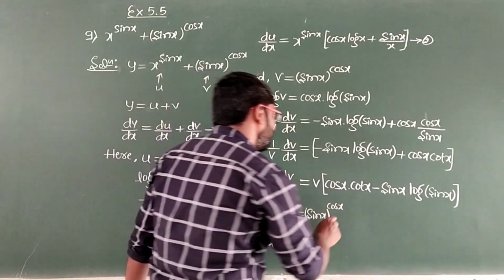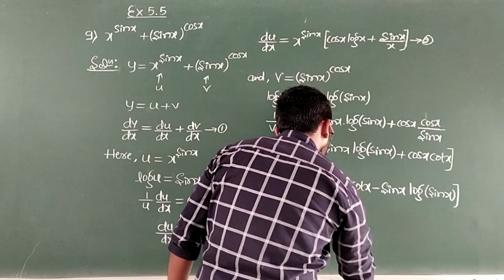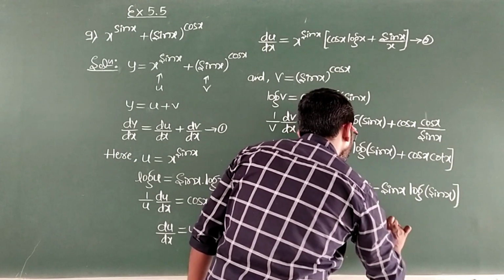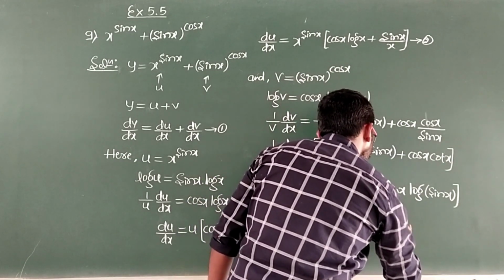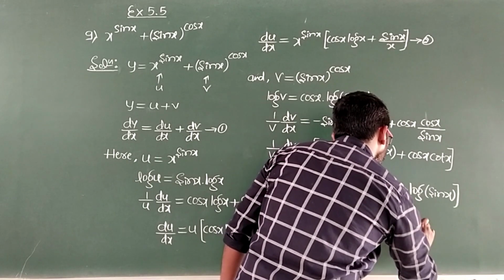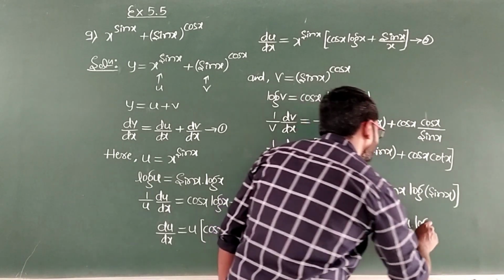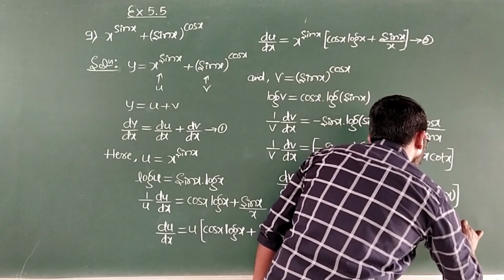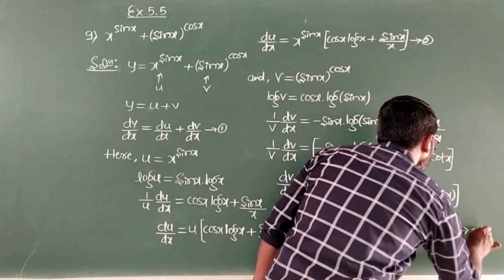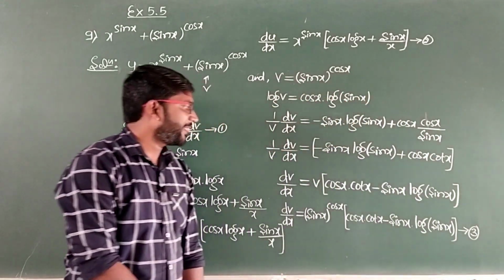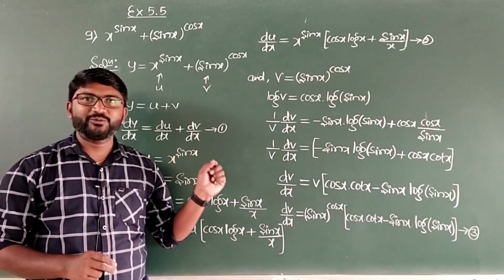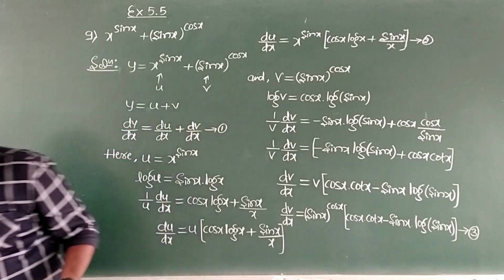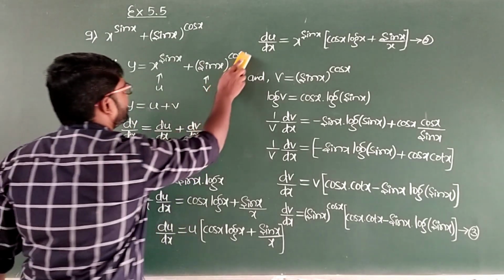Remaining terms must be written as it is, into cos x cot x minus sin x into log of sin x. Call this equation number 3. Now we have to substitute equation 2 and equation 3 in equation number 1 so that we get the final answer. So note down till here and then we'll go for the substitution.